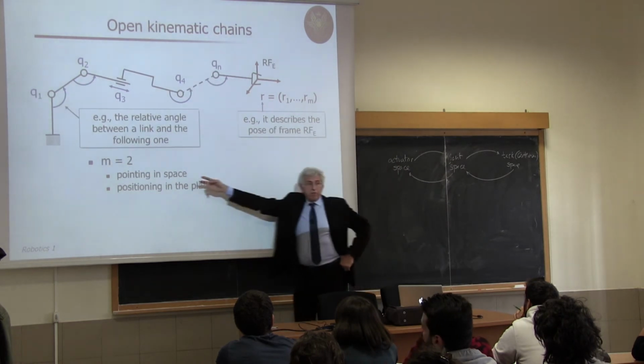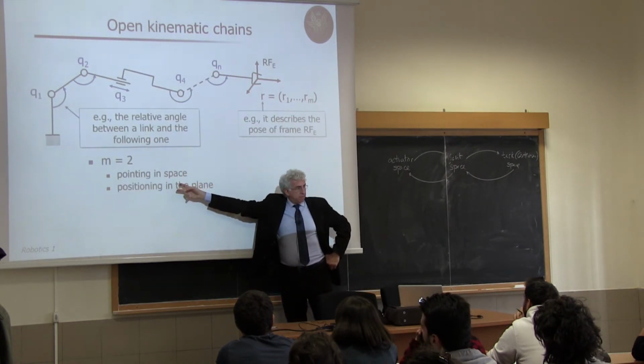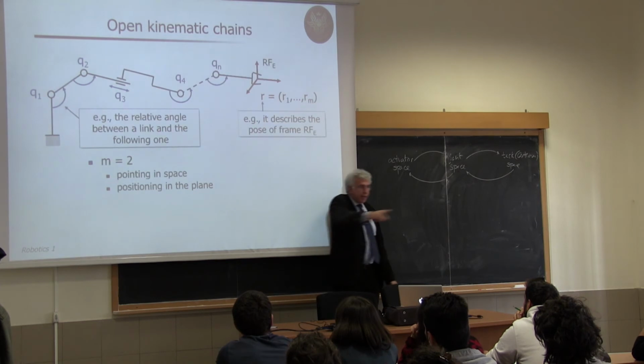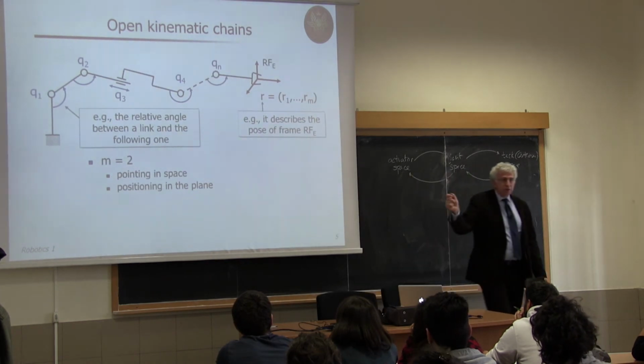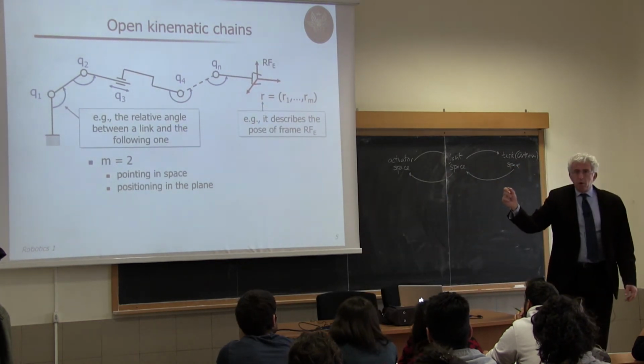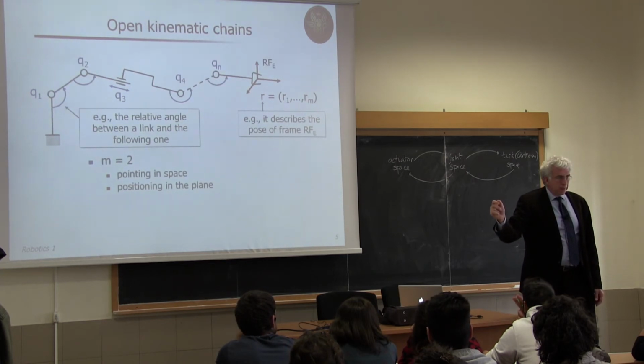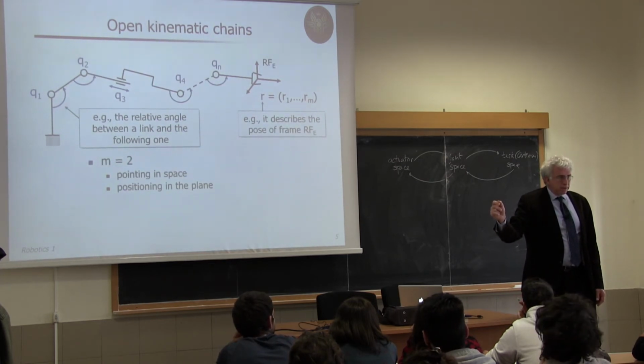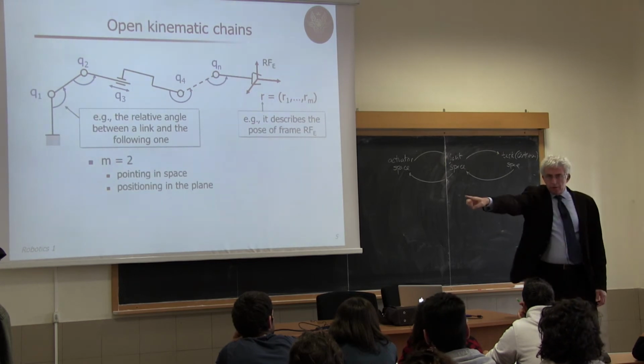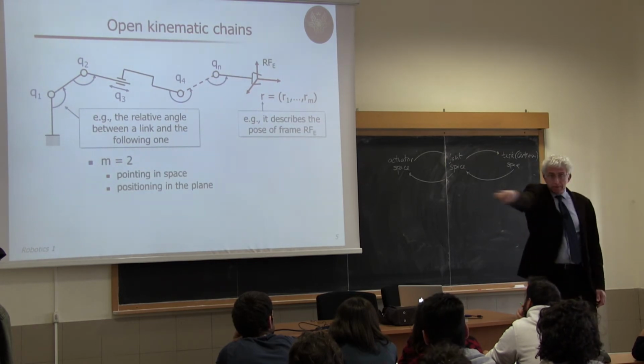I need 2 variables for pointing in space. If I point on a plane, just on a plane, how many variables do I need to specify where I should point? Just one angle.